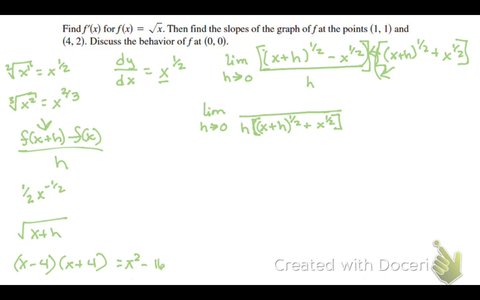Every single time we do a conjugate, correct? So we're squaring the first, subtracting the square of the second. So when you square a square root, don't you get what's inside? So I would get x plus h, correct?